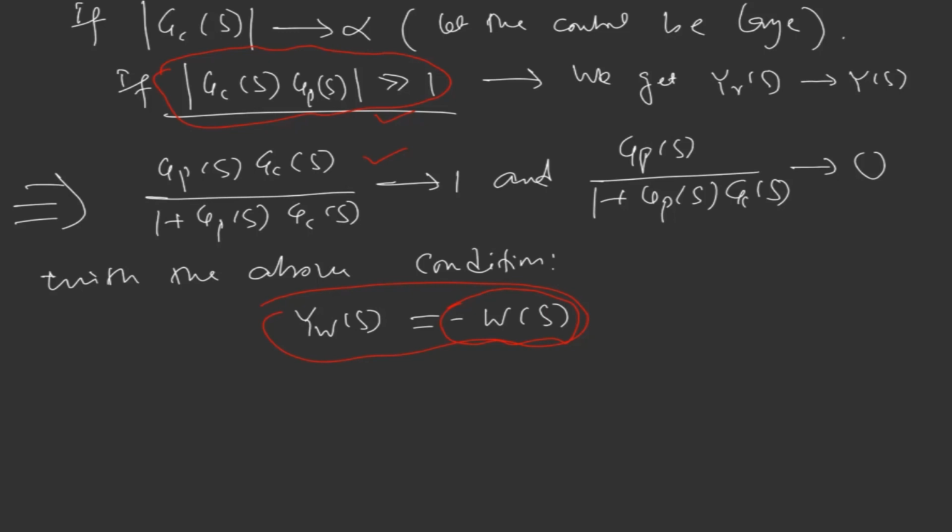This problem can be tackled if you come up with some frequency analysis like Nyquist or Bode plot. Those things we'll be talking about later. Because noise is basically a high frequency signal, we can tackle this while designing the control algorithm in the frequency domain.